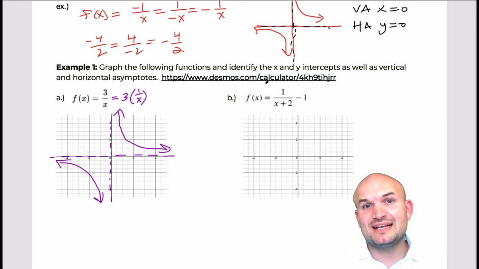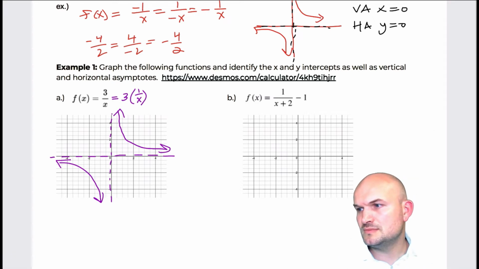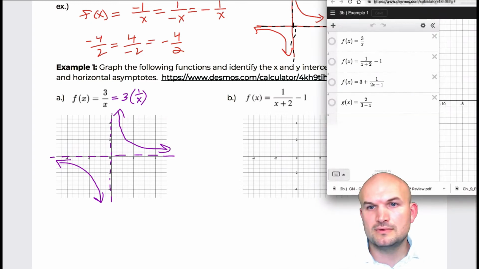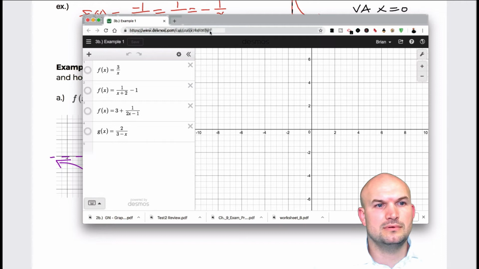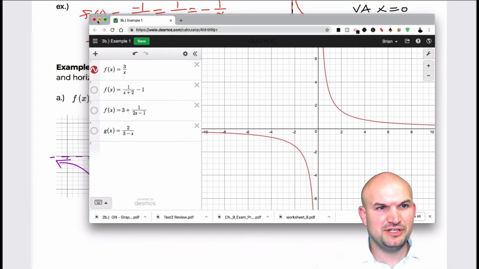However, I did provide a link here that we can take a look at. Let's bring that link over here so we can see it. And you can see this graph, not too bad, roughly close enough.